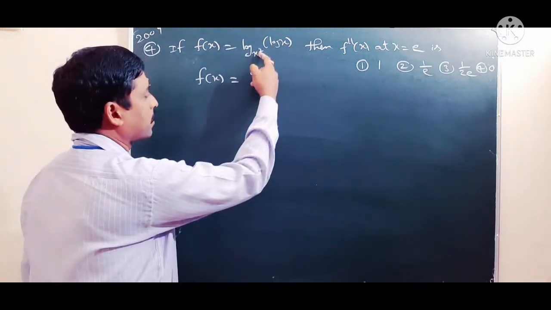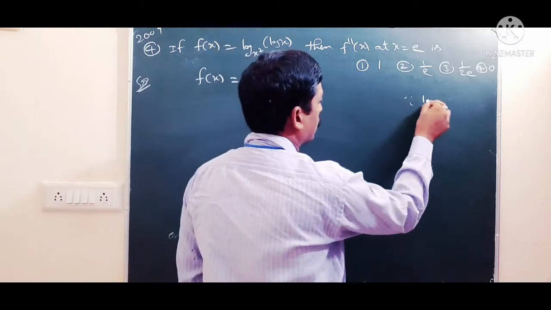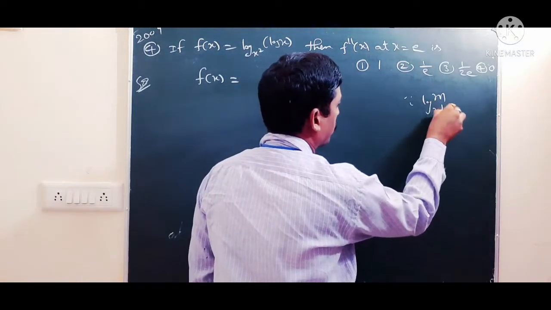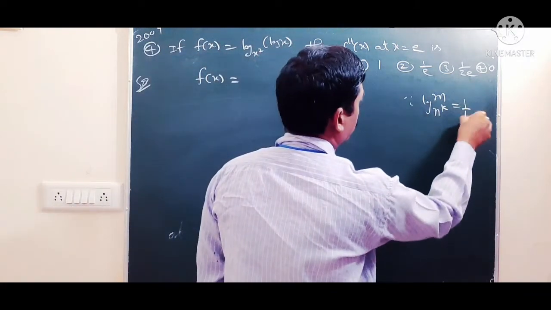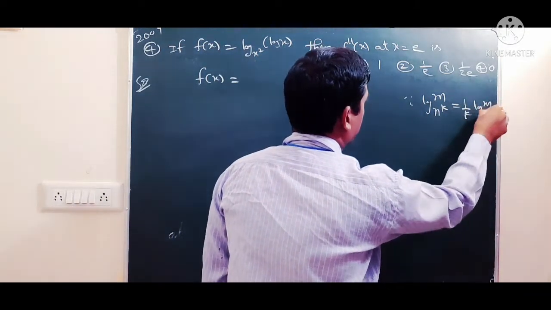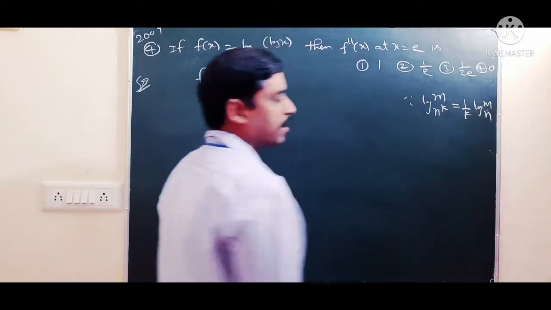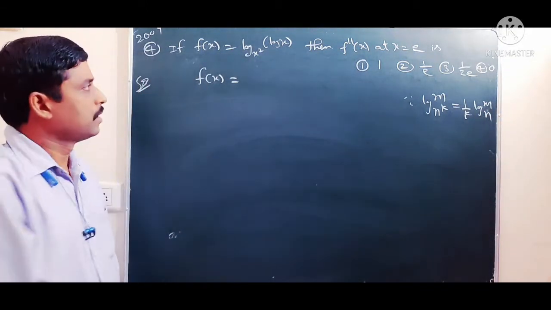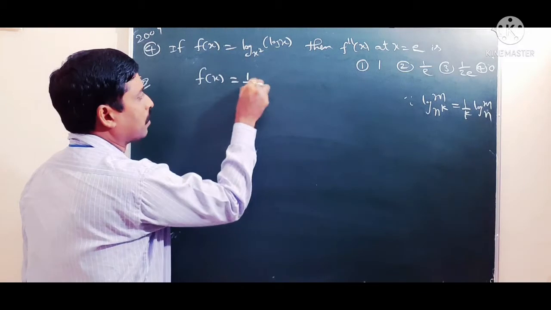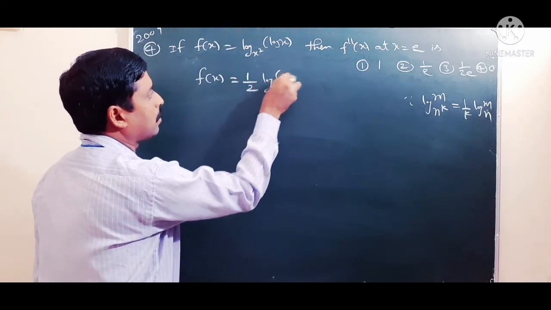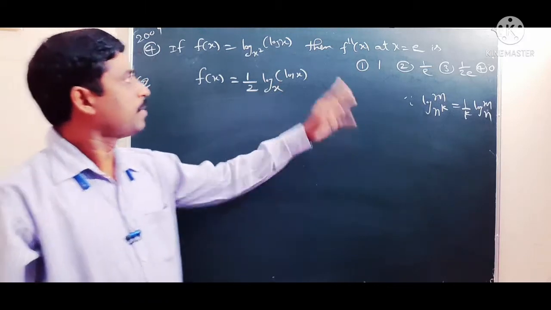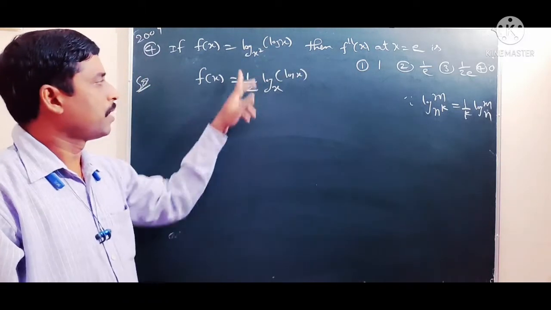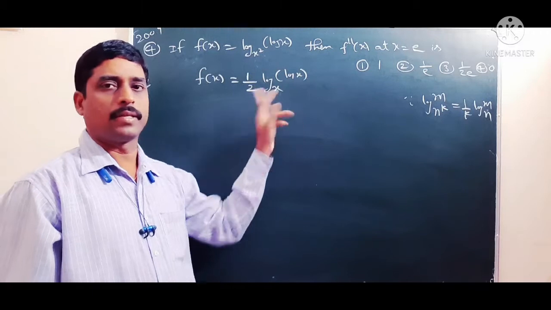For base x square, we have one formula: log m base n to the power k is 1 by k times log m base n. So this is 1 by 2 into log of log x base x, where k is replaced by 2 there. So 1 by 2 times log of log x base x.